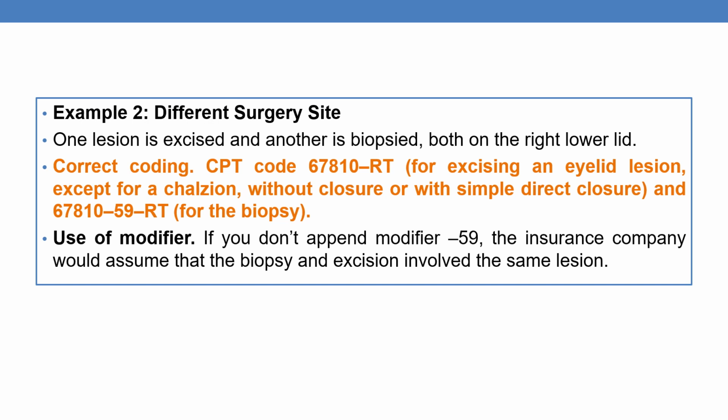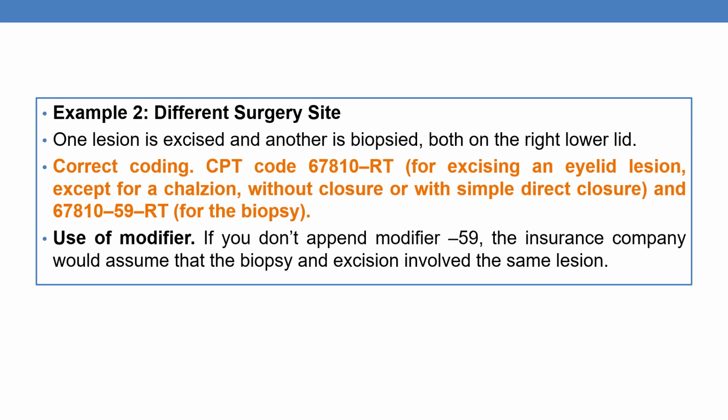First you will code 67810 along with RT modifier. RT modifier is to indicate the right side. 67810 indicates excising an eyelid lesion except for a chalazion, without closure or with simple direct closure. And similarly 67810 is for biopsy.